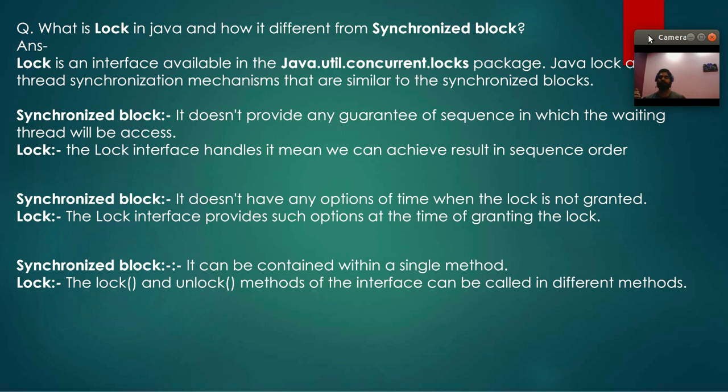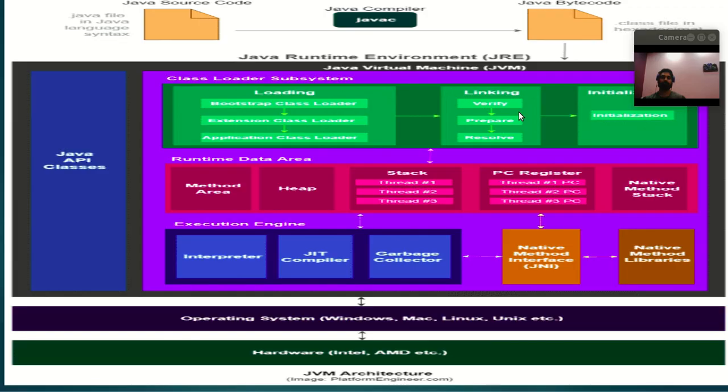So let's discuss the next question which he got. The next question was to explain the JVM architecture. I have taken this image from the platformengineering.com website, and it is pretty well defined, in a very structured way, showing the architecture of the JVM, right?